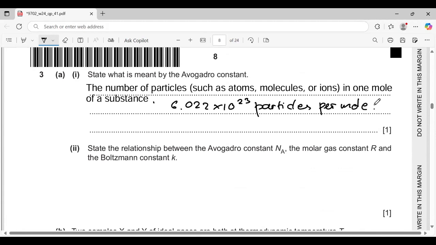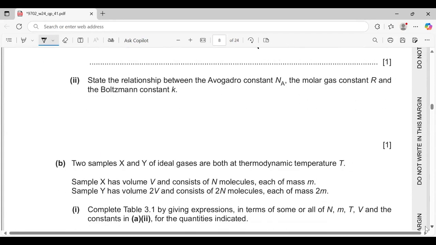Okay, the number is that one. State the relationship between the Avogadro constant Na, the molar gas constant R, and the Boltzmann constant K. Okay, the relationship is given by the equation Na equals R over K. R is the molar gas constant and K is the Boltzmann constant.